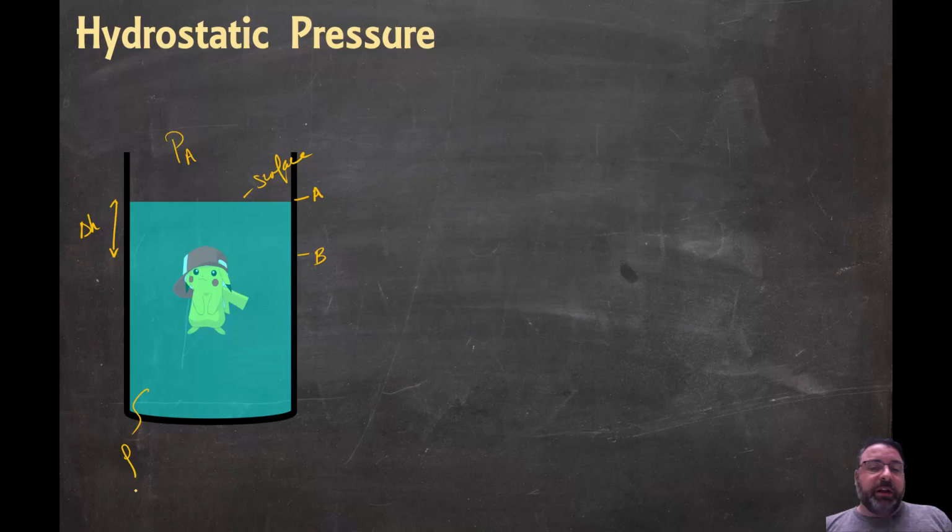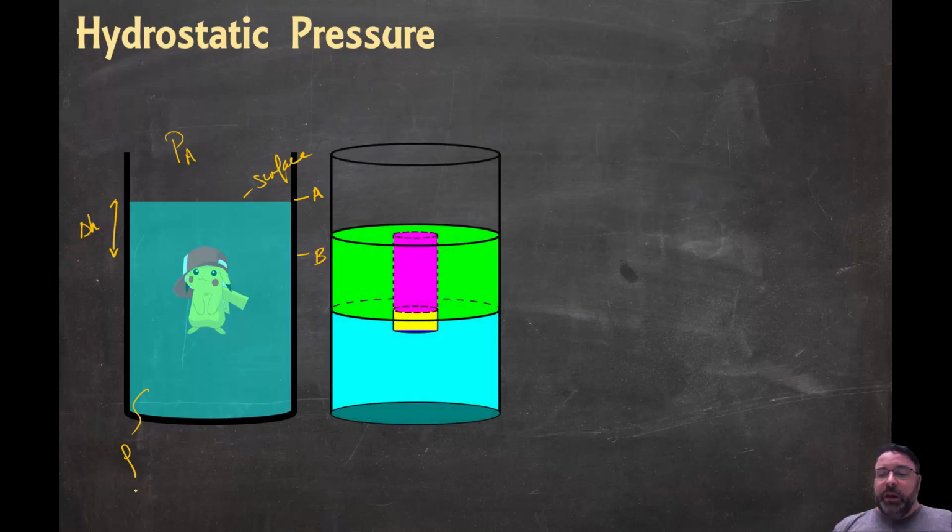Now we're going to do one more thing to make our life a little bit easier. We're going to assume Pikachu is a cylinder. So I'm going to redraw this. Pikachu is this green or yellow cylinder down here. This blue liquid is just the liquid that's below Pikachu's head. This is our point B, so this B is at the top of Pikachu.